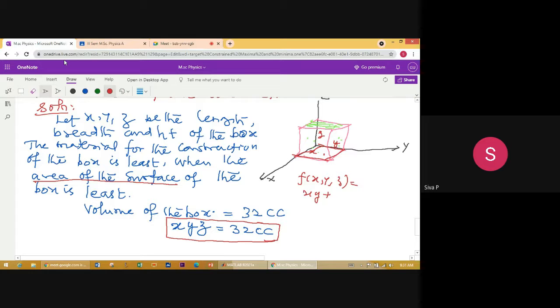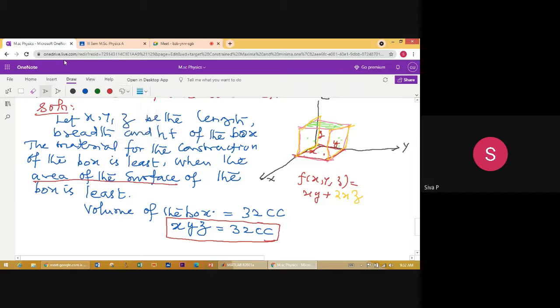For this side, that is xz. Here also one more side is there, xz. So 2xz.